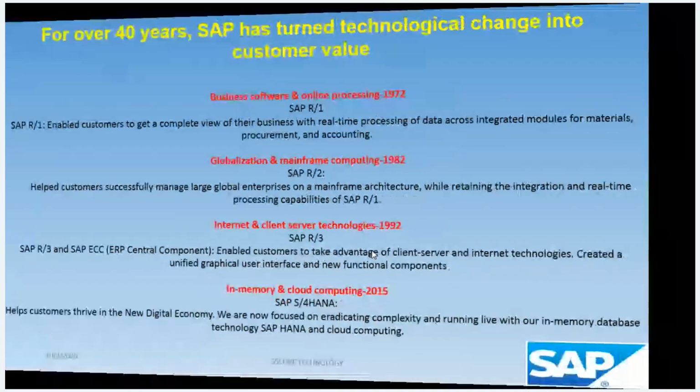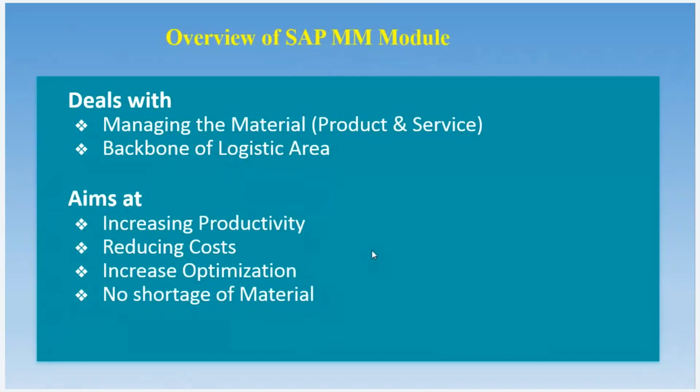Now, when we talk about material management, basically it is managing the material, that is, products and services. In material management there are two parts. One is managing the material, meaning physical material. Another is service. There are many types of services, like AC maintenance and office maintenance. If you have an AC in your house, AC maintenance people come to the house and charge labor charges.